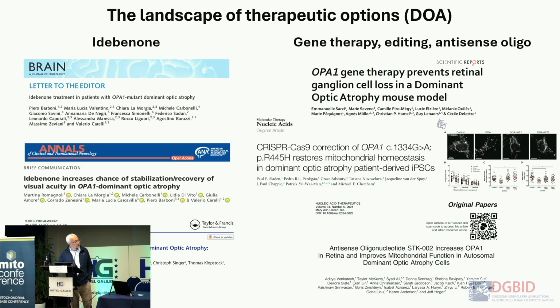And for gene therapy, gene editing, and these other approaches, there is a lot of work done preclinically, but except for one trial with an ASO, nowadays we don't have anything reaching the step of the clinical trial yet.